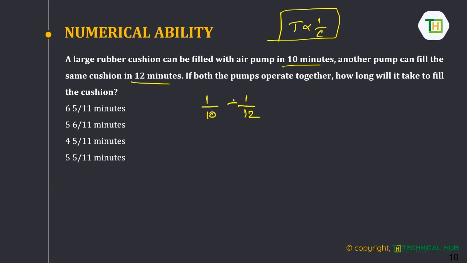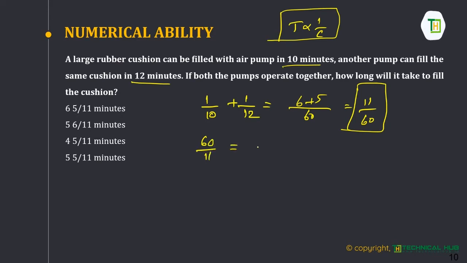Now you can add these two. If you add these two, what will you get? Here the LCM is 60, and this is 6 plus 5, 11 by 60. Together the capacity is 11 by 60. Now the time period becomes 60 by 11. 60 by 11 is equal to 5, because 11 5s are 55.